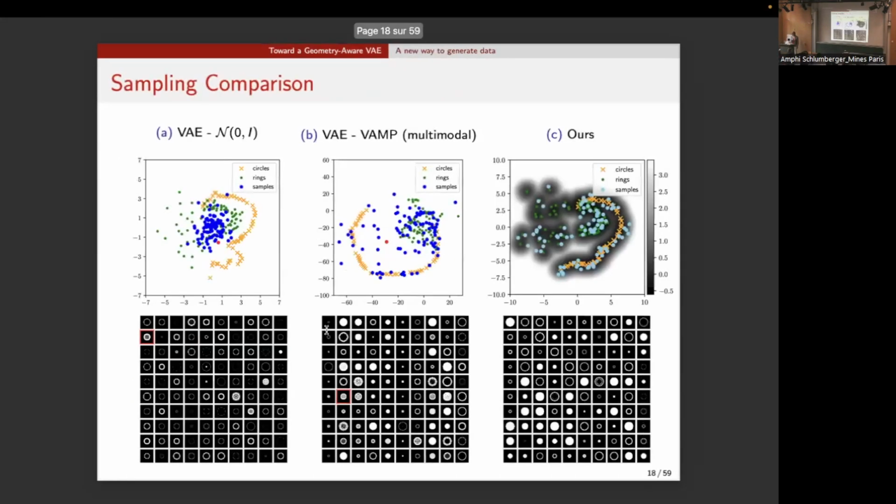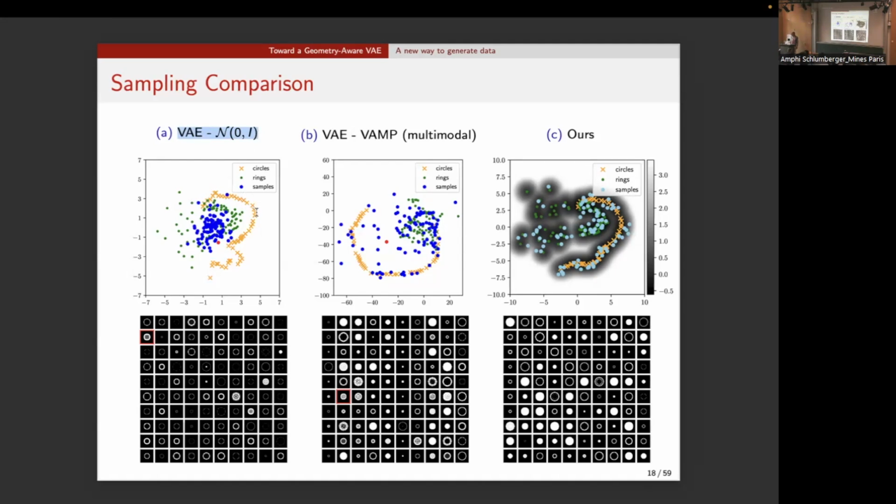So if we compare our sampler to other types of sampler that are coming from the literature, the first one is, well, train a variational autoencoder and sample from the prior distribution. Actually, the prior distribution was the prior, so it should have some meaning. That's important.